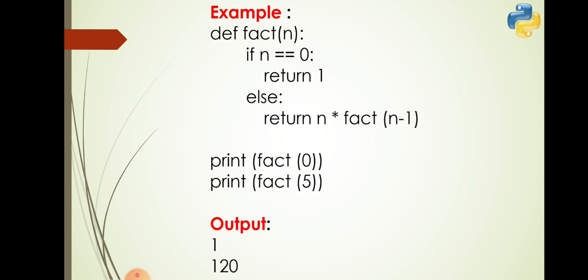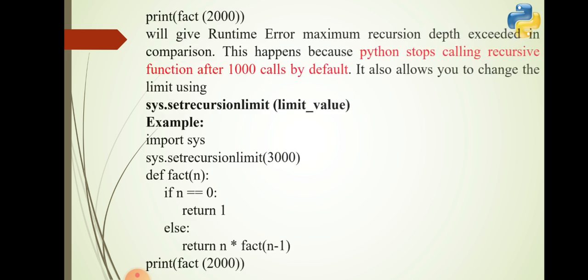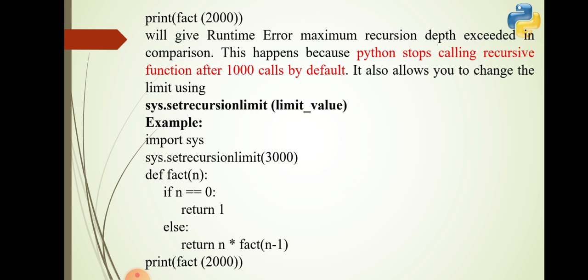That means 5 into 4 is 20, 20 into 3 is 60, 60 into 2 is 120, 120 into 1 is 120. So that is the example. It can be executed by itself, calling itself again. That is recursive functions.